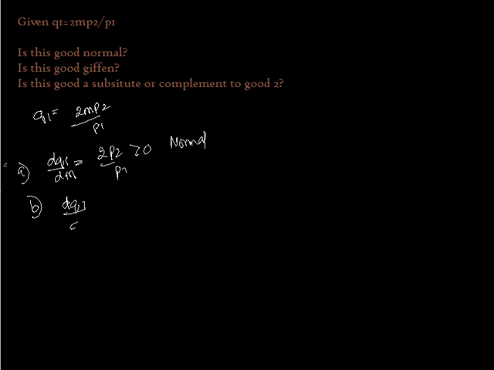So dq1 by dp1 in this case is 2mp2 into minus 2 p1 to the power minus 2, which is minus 4 mp2 upon p1 square, which will be less than 0, which is an ordinary good.